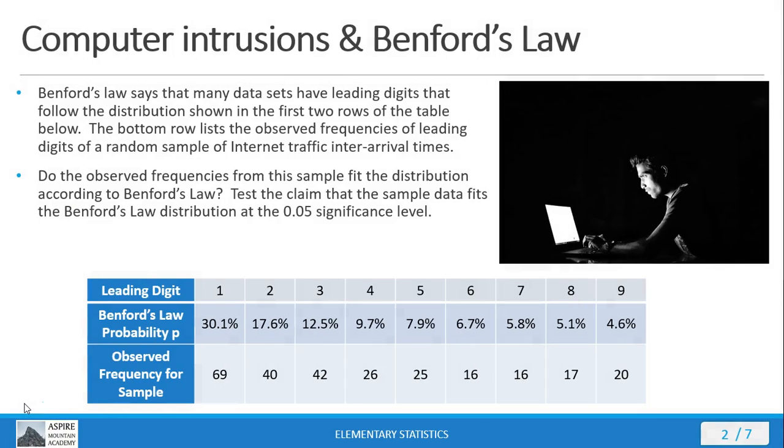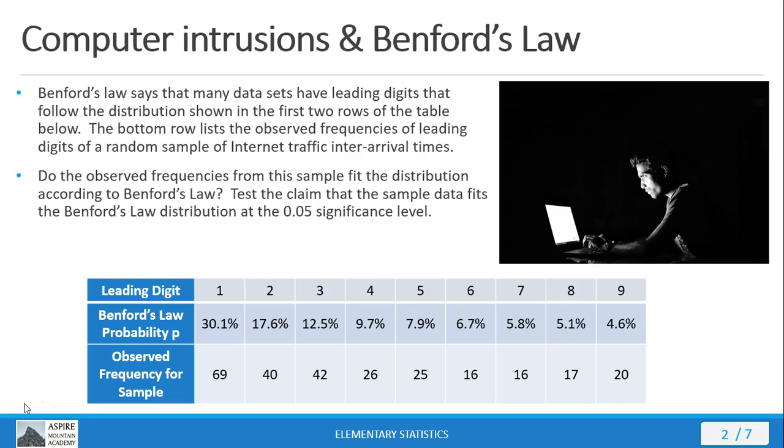So, Benford's Law is simply another distribution like we've seen before. Think about it in terms of the normal distribution, chi-square distribution, t-distribution. It's a discrete distribution because the random variables are discrete values.